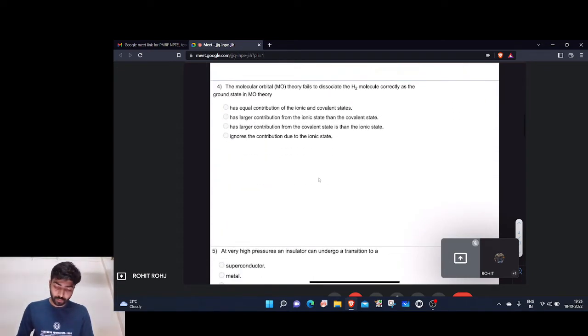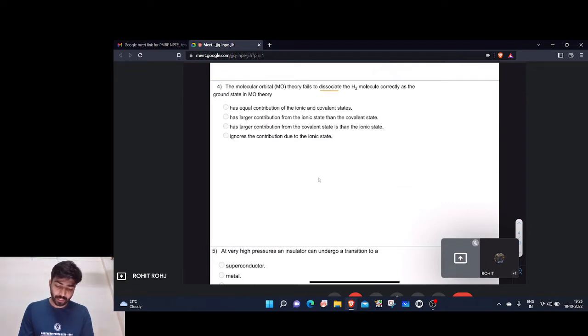Now question number 4 is similar to question number 1, which we just solved above, which says that molecular orbital theory fails to describe the hydrogen molecule correctly.